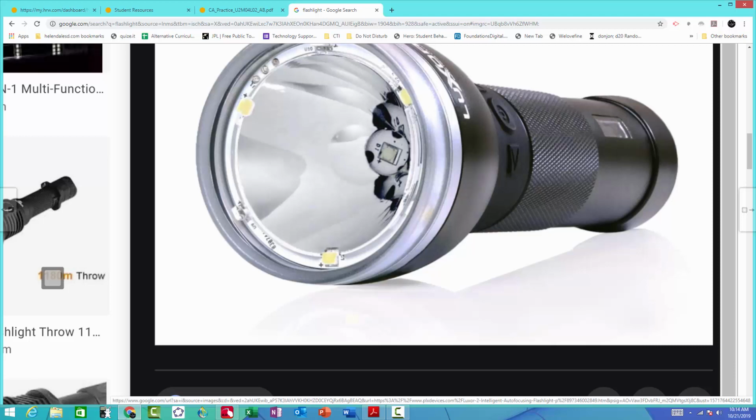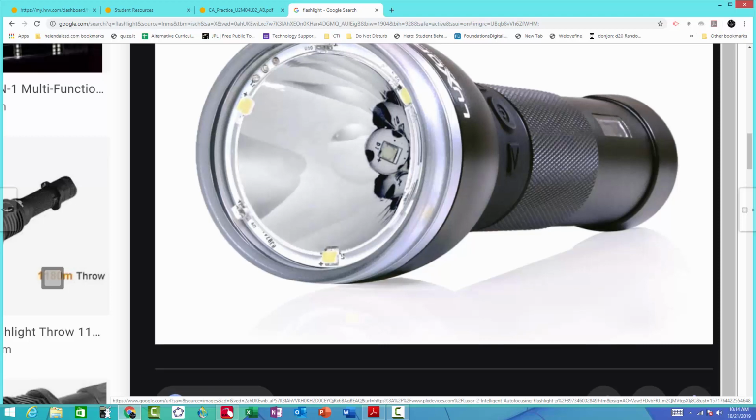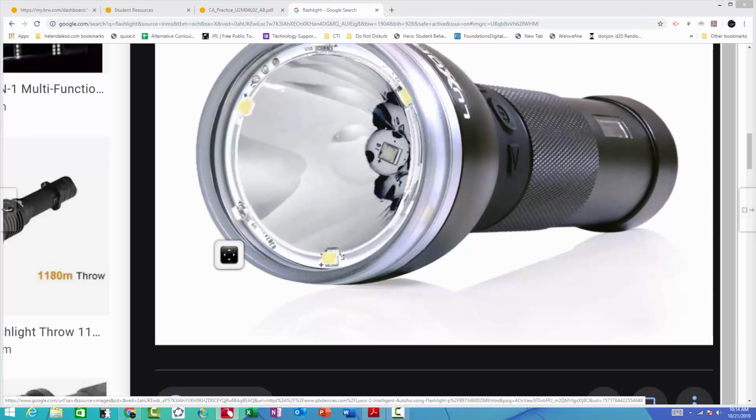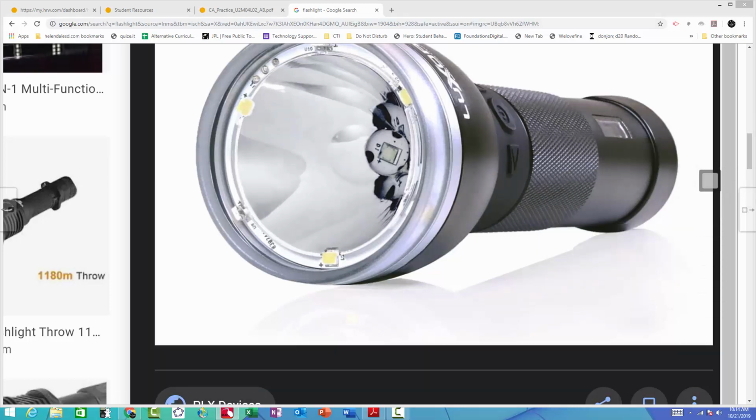Now the focus is where, when they design a flashlight, the filament that lights it is placed. The focus is where the light bulb is. The vertex is where the light bulb plugs in.